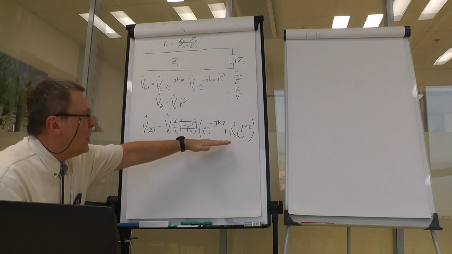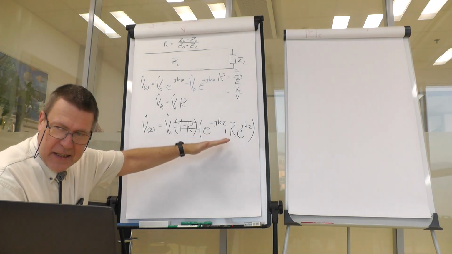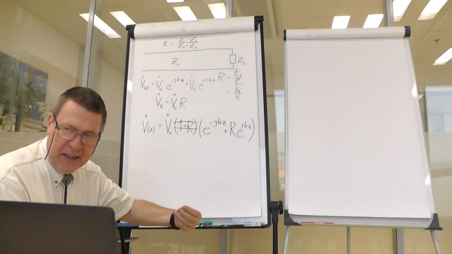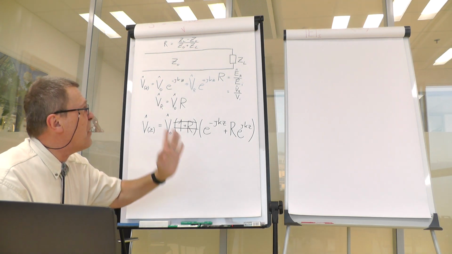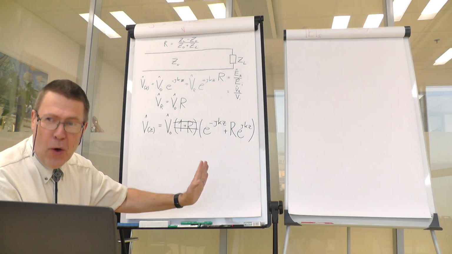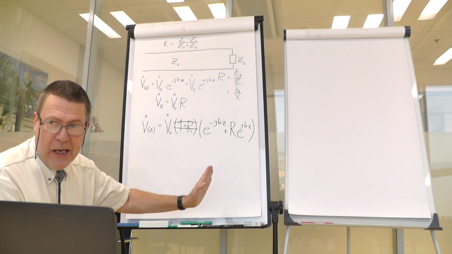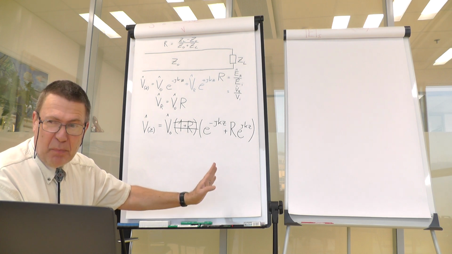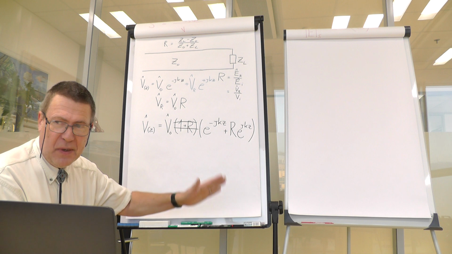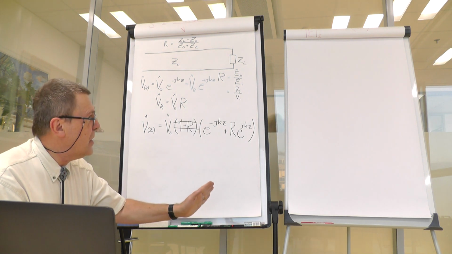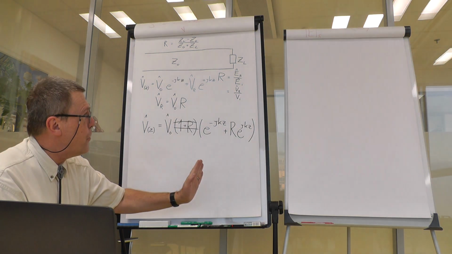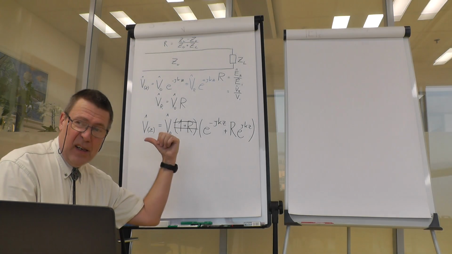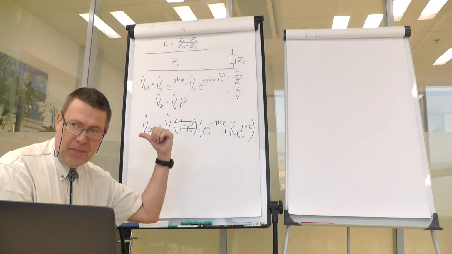Before we go on with this expression, let us think it over a little bit. Just imagine that we have a perfect reflection at the end. For example, that we have the loading impedance infinitely small, so there is a short at the end. So we will have a wave running back with the same magnitude.